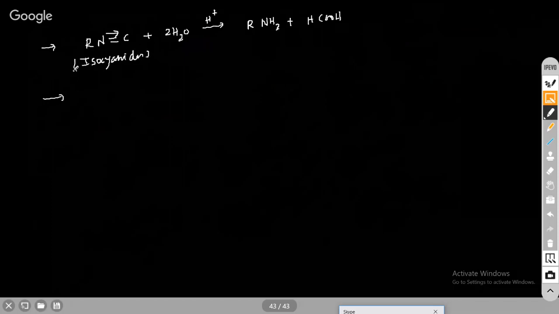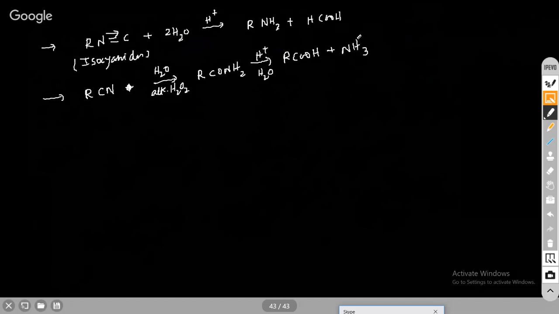If you take cyanides, that is RCN, and when you do the hydrolysis of this with H2O in alkaline H2O2, it gives you RCONH2 first, amide you get first, and then if you do the acidic hydrolysis of this, you will get acid RCOOH plus NH3.